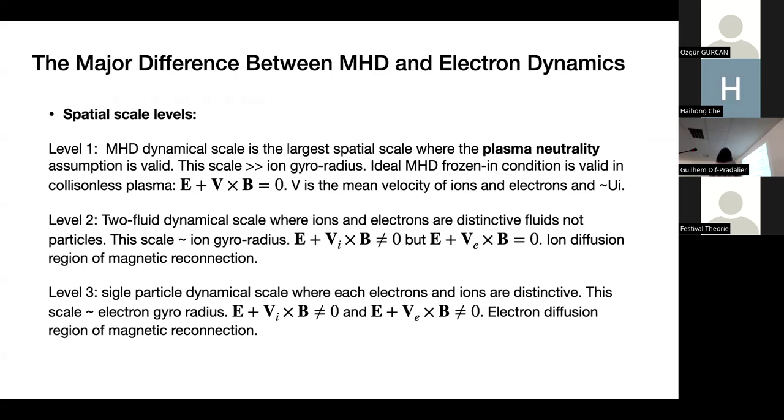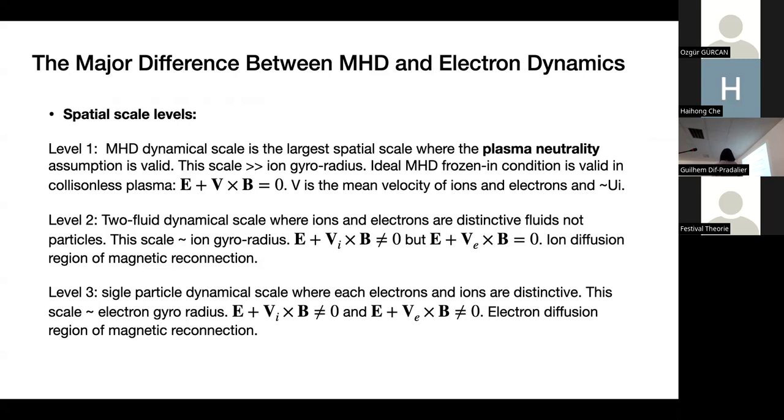This is the mean velocity of ions and electrons, usually close to the ion velocity. On level 2, this scale is comparable to the ion gyroradius, and the frozen-in condition of ions has to be broken.